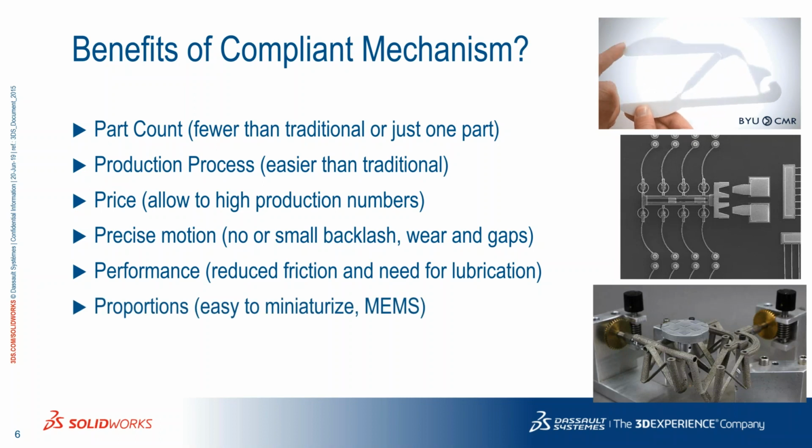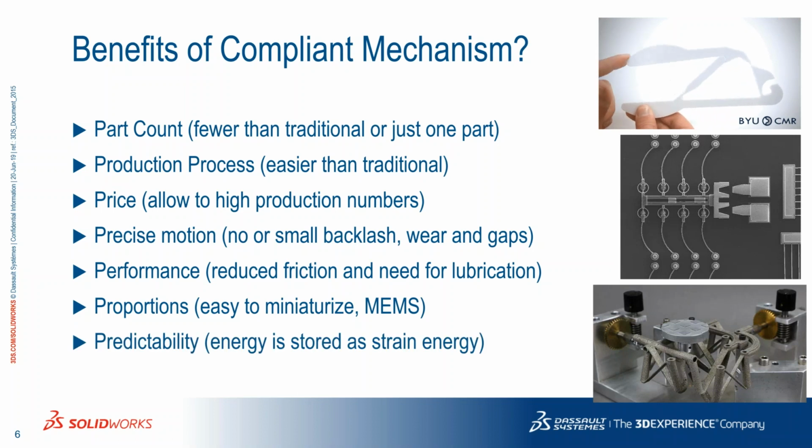Also, it's very important to understand that it's very easy to miniaturize. The proportions are really important here because, for example, in microelectromechanical structures, we can use the compliant mechanism because it's easy to reduce their size.